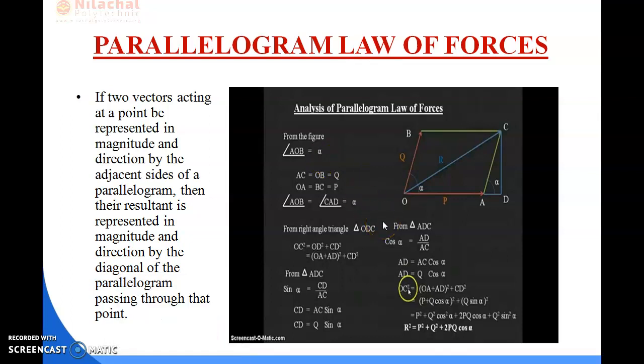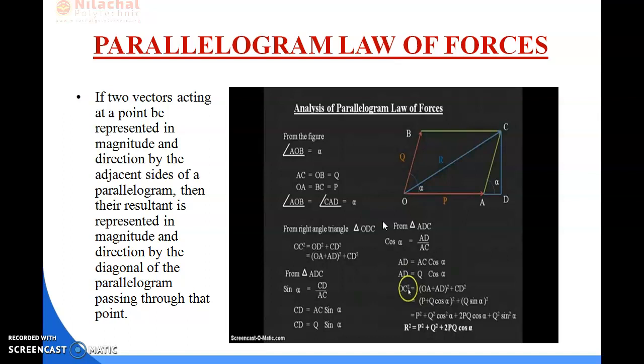So now we are starting the analysis process of the parallelogram law of forces. In our previous slide we discussed the principle of the parallelogram law of forces and what we can find out through it.